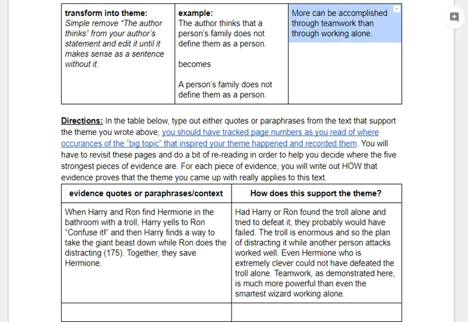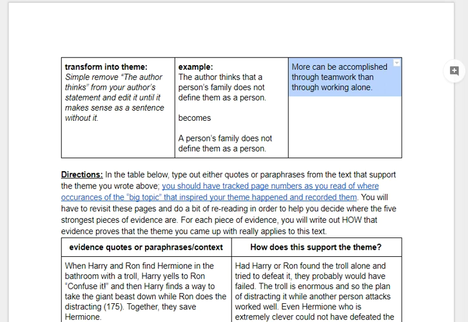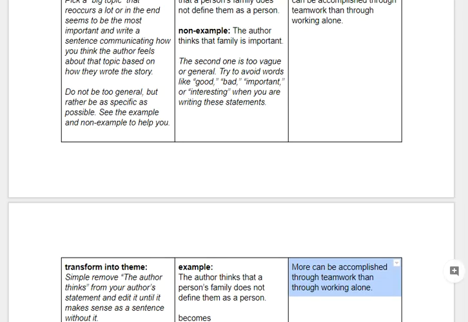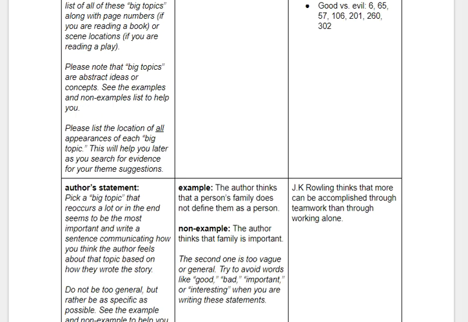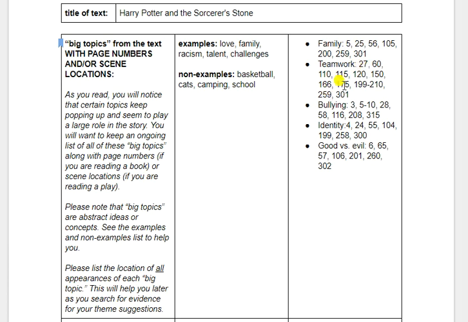So what would I do next? I would move on to my next set of page numbers that I have up here for teamwork. That was 175. So I would start looking at, I have the page range here. So I would go back and read through that and see if I could pull out a couple pieces of evidence from that page range. I would have to go back and see what scenario that was.